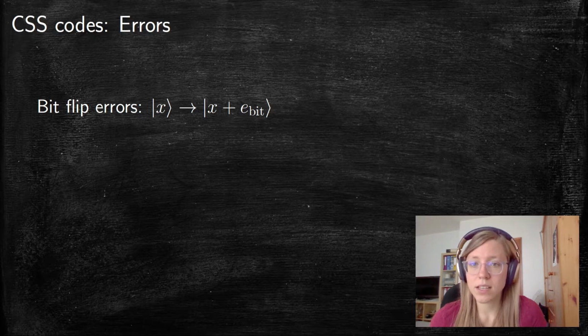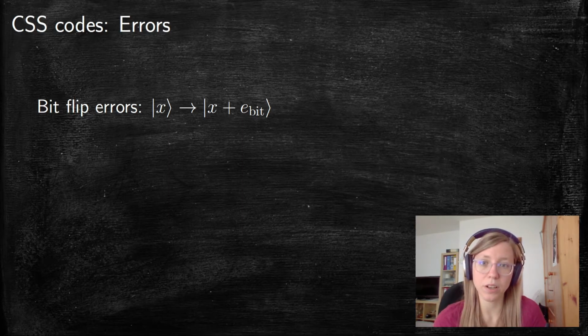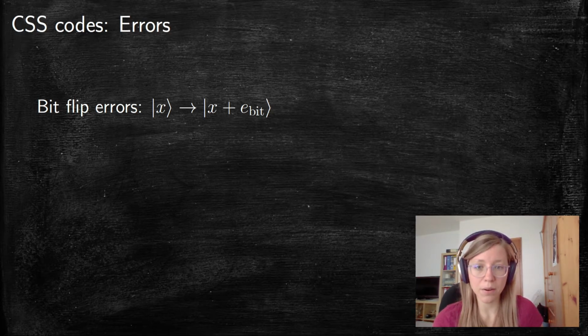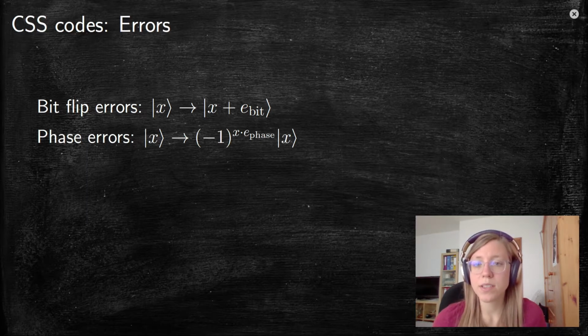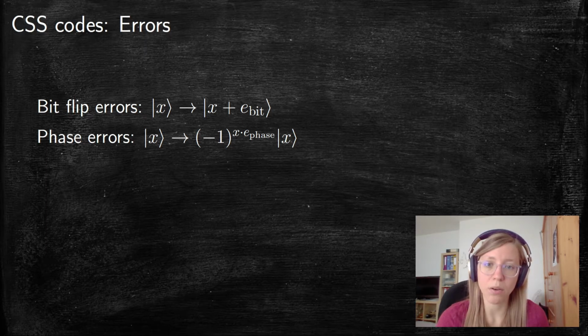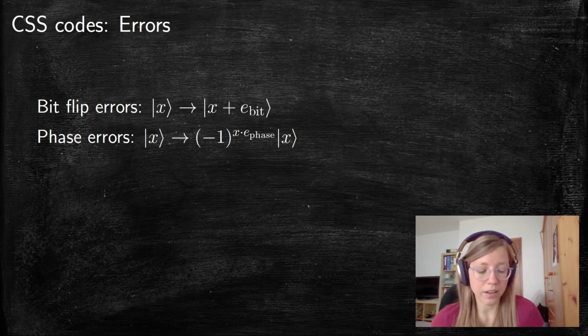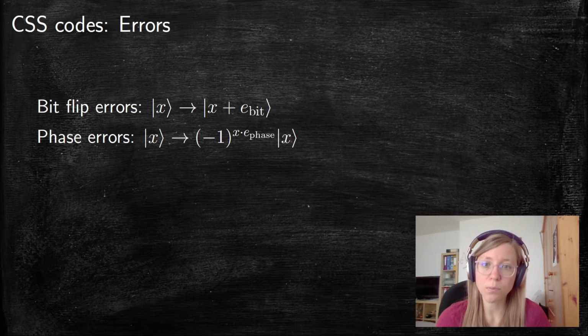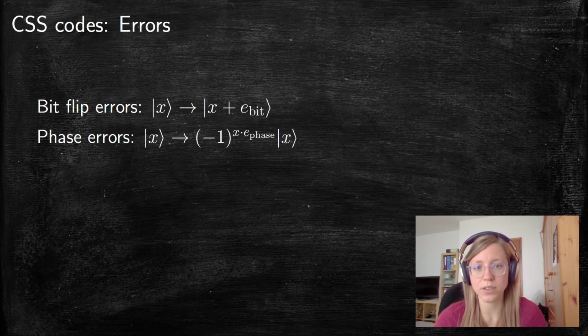We can sum up bit flip errors in a way that if you have a vector x, then this is mapped to a vector x plus a string that contains all the bit flip errors. We call it e bit. And phase errors have the form that a vector x is mapped to -1 to the power of the dot product of the vector x with the vector e phase, which contains all the phase errors, times the vector x.